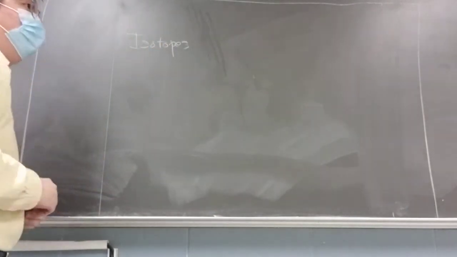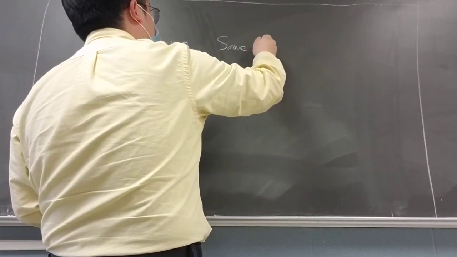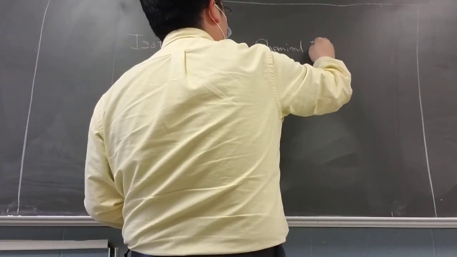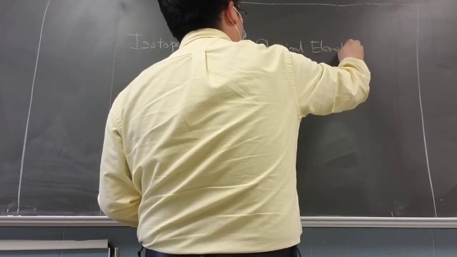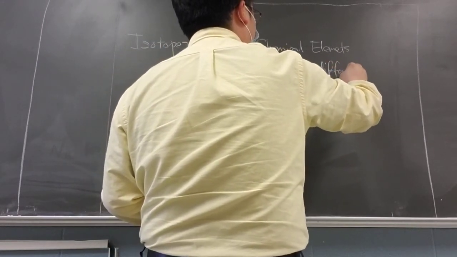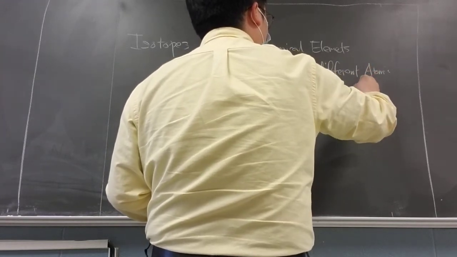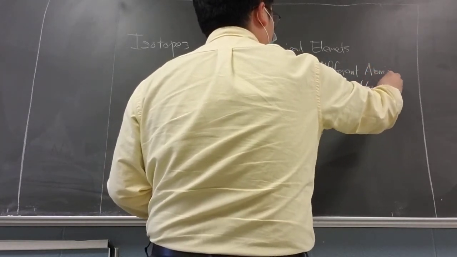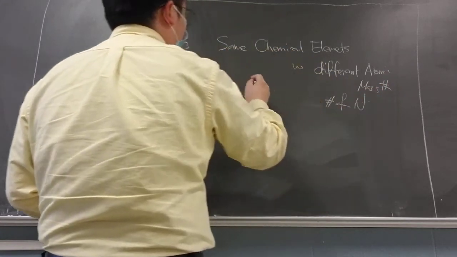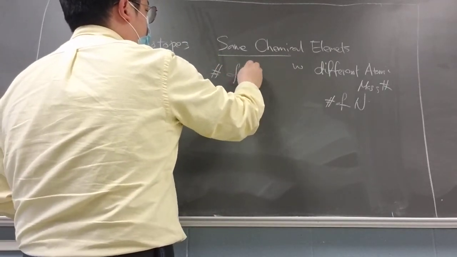So isotopes, simply saying, are chemical elements but with just different atomic mass number, meaning different numbers of neutrons, because the same chemical element means actually the same number of protons anyway.